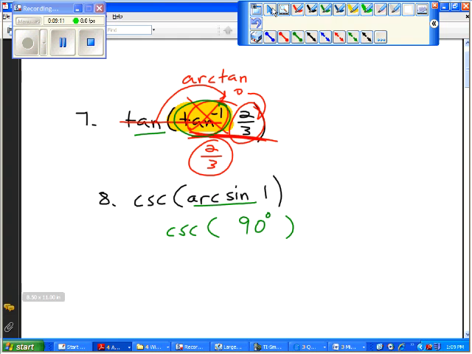Reciprocal of sine. So then we need to think, okay, I want 1 over sine of 90. Now, what is the sine of 90? 1. And so I have 1 over 1, which is 1. They just happen to be the same because the reciprocal of 1 is 1. Okay? Any questions on that?